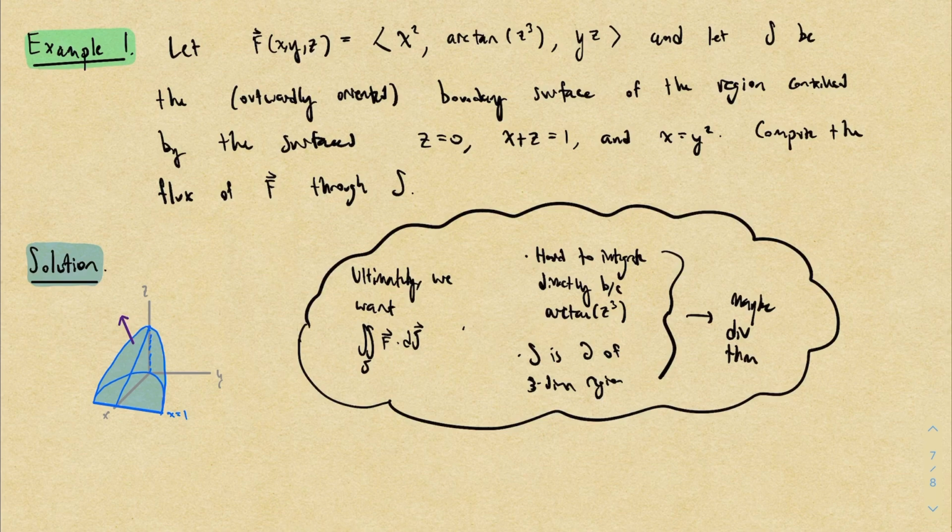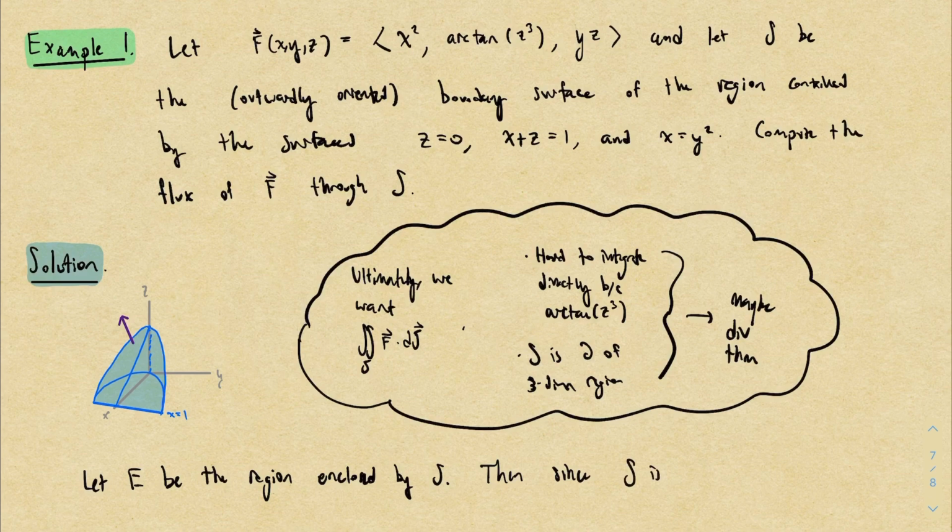So let's apply the divergence theorem and see what happens. In order to do that, we need some 3-dimensional region. So in my solution, I'll be explicit about that. I'll say, let E be the region enclosed by this surface S. And this is where the outward orientation is important.